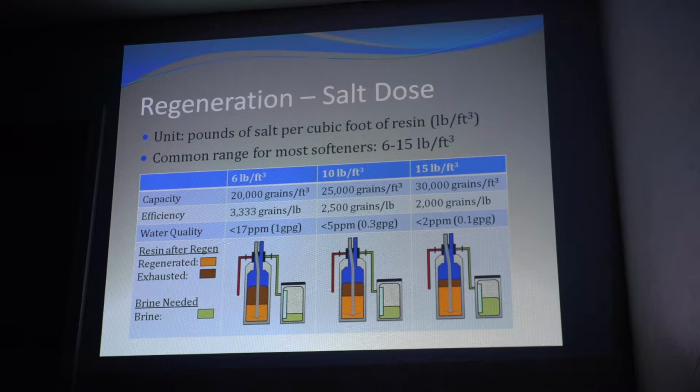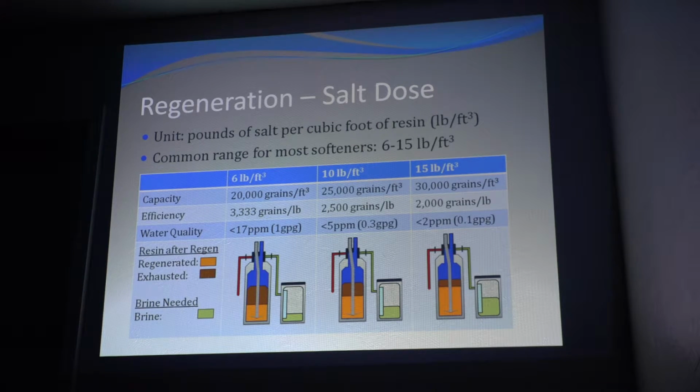You don't necessarily have to put a blending valve in. You're not going to be able to make it 2 grains hard necessarily, but you can adjust your salting. So, for example, on a Reliant, take it from standard to low. What's that going to do? It's going to increase the efficiency, but decrease the quality.